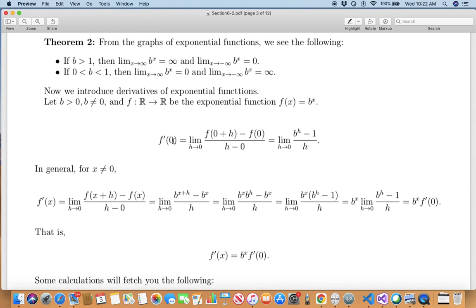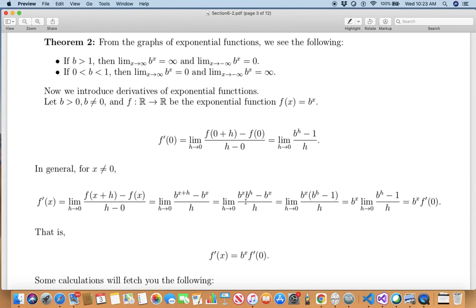Now, for any x not 0, what would I do? Well, it's the same rule. Limit h approaching 0, f of x plus h minus f of x over h. Well, f is the exponential. So b power x plus h minus b power x over simply h.